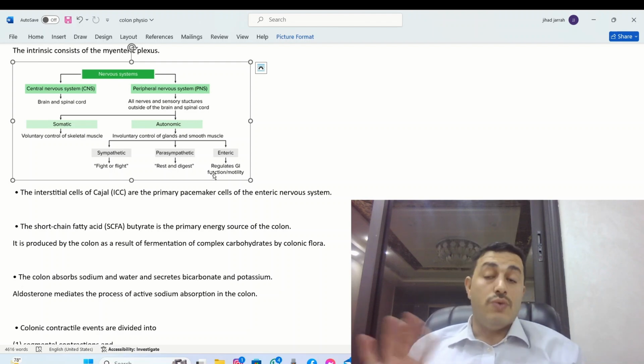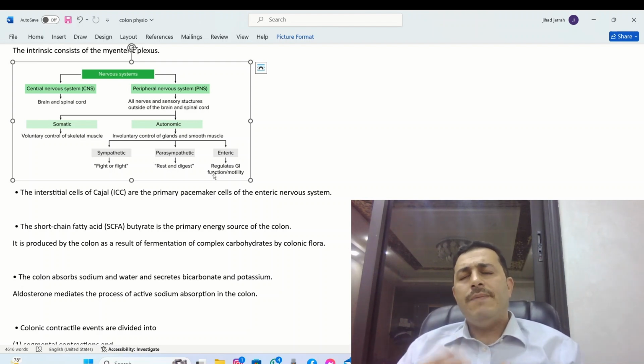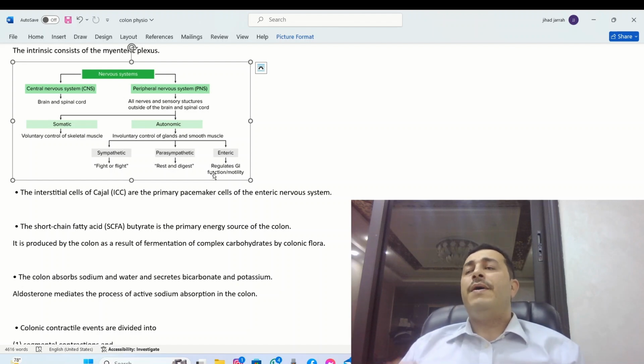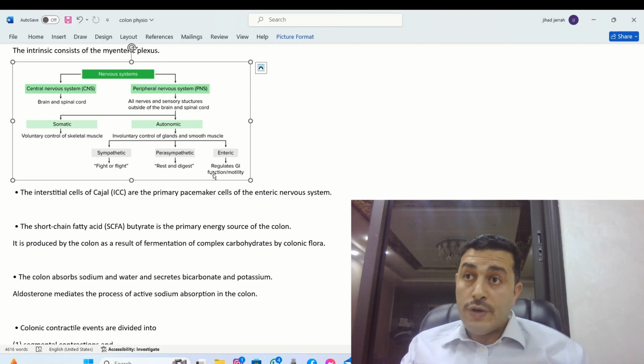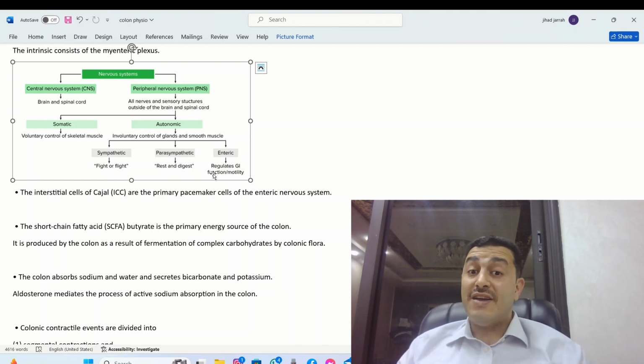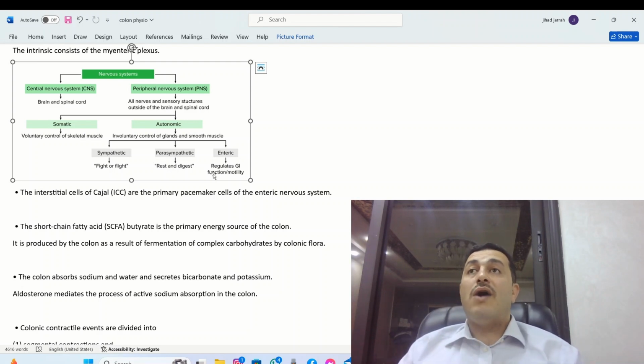The enteric nervous system we will discuss. We know that the enteric nervous system consists of the Meissner and Auerbach plexuses that are present in the wall of the colon, and this will lead us indirectly to talk about the layers of the colon in this lecture, and how these cells or receptors participate in colonic motility.